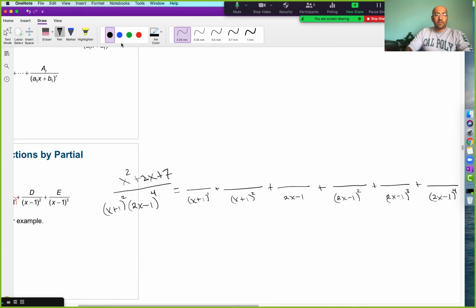Right? So that's how this breaks down, and there'll be constants all the way here. A, B, C, D, E, F, right? So we have to figure out all those constants. It's going to get ugly. No doubt about that. Questions?